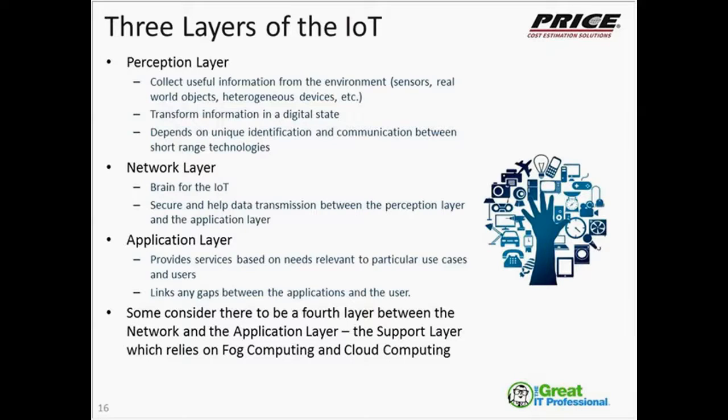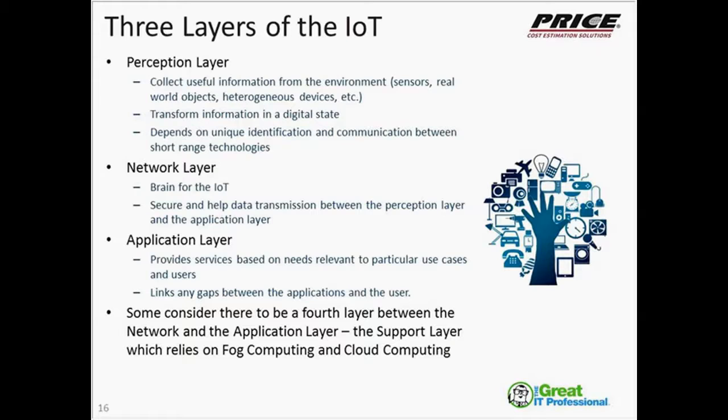So if we just think about, at a conceptual level, what are the layers of the Internet of Things? There is a perception layer, which collects information from the environment, from sensors, from temperature, atmospheric conditions, various devices and computers.